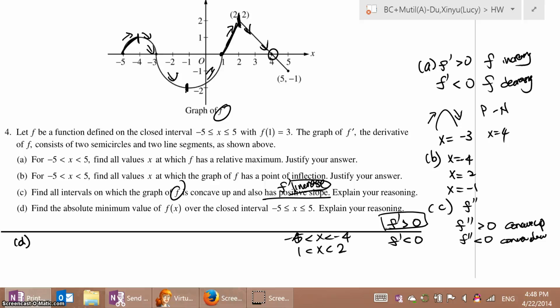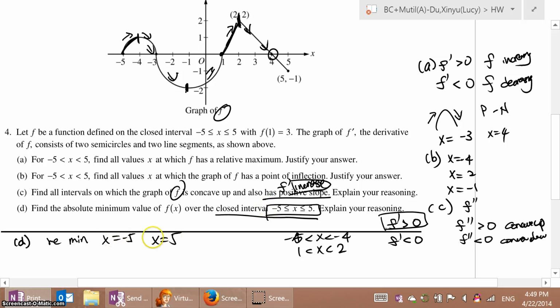So part D, find the absolute minimum value of f(x) over the closed interval. They mentioned the closed interval, which is a hint for finding an absolute minimum, which may happen at the relative minimum, and also at the endpoints, which are at x equals -5 and x equals 5. So we have to find the relative minimum.